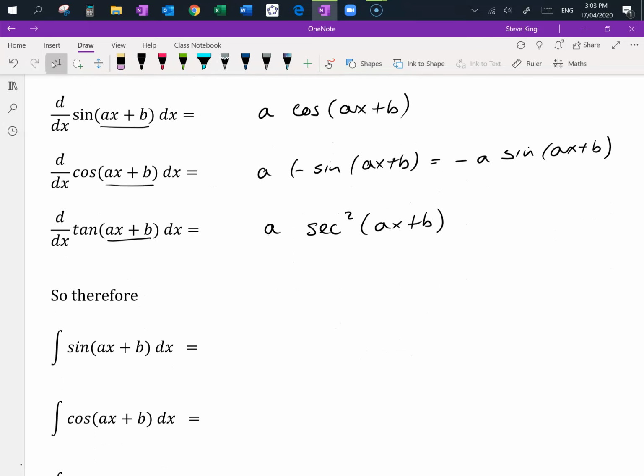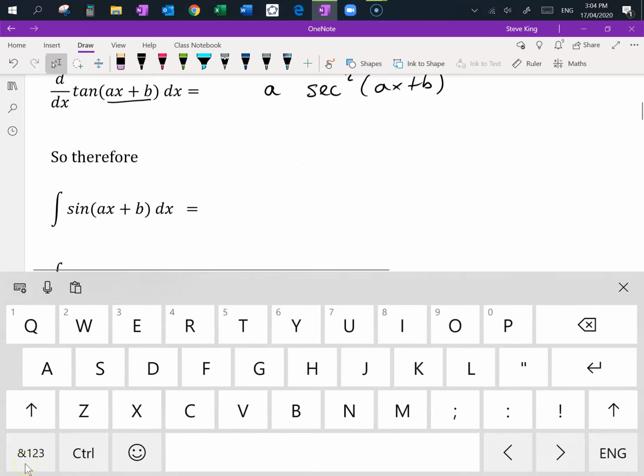So now, if we take a look at the integral of these different functions, the integral of sine of ax plus b, we've got to ask ourselves the question, what did I derive in order to get sine?